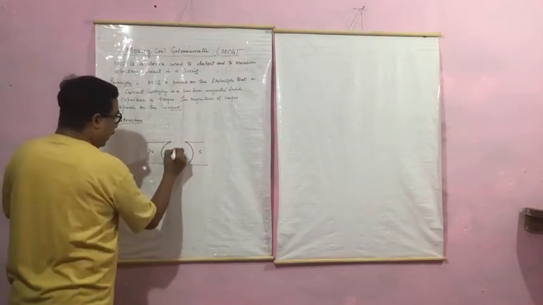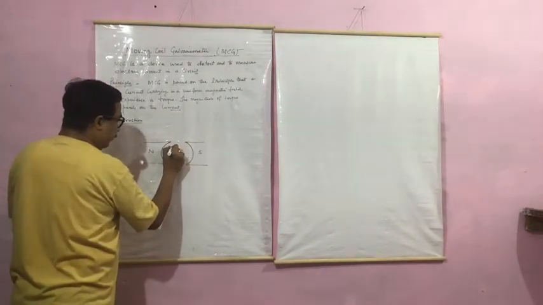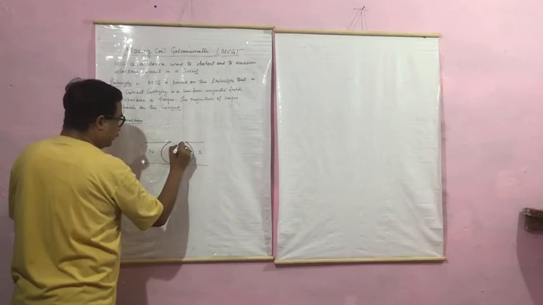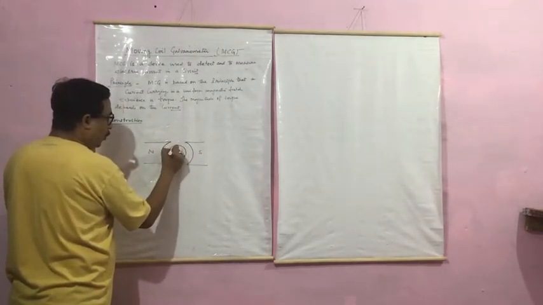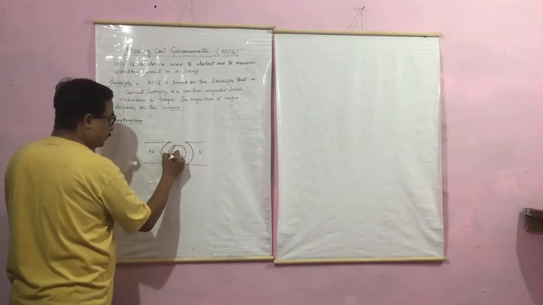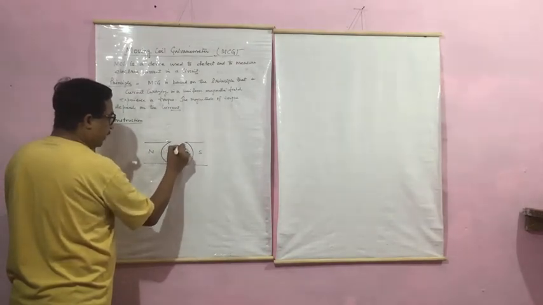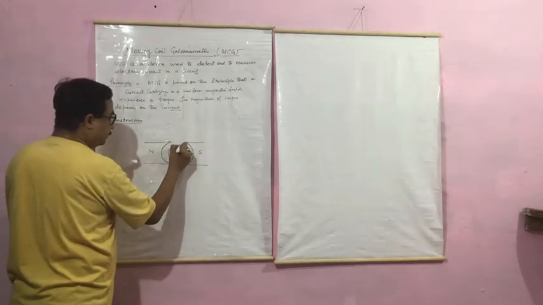Okay, now there is a coil which is wrapped on a spherical core or on a cylindrical core, either spherical or cylindrical.